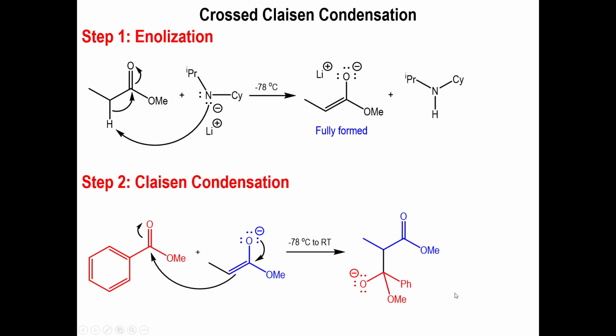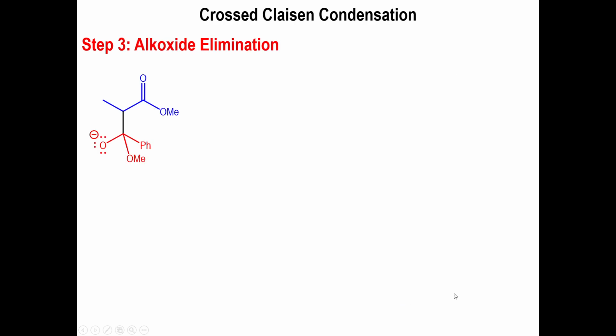And then at this point, you undergo the elimination because the alkoxy group will have its electrons come back down to reform the double bond, and at the same time it will kick away the alkoxy group that's present in that same position. So you end up with your beta keto ester product.